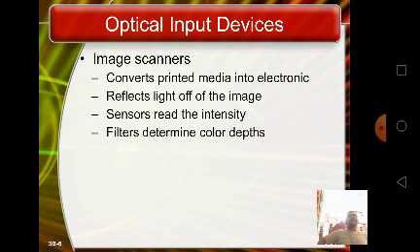Color scanners use filters to separate the components of color into the primary additive colors, that is red, green, blue, RGB, at each point. RGB are known as primary additive colors because they can be combined to create any other colors.